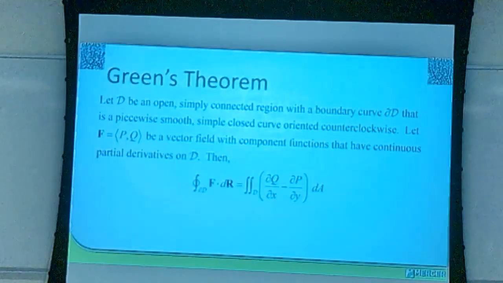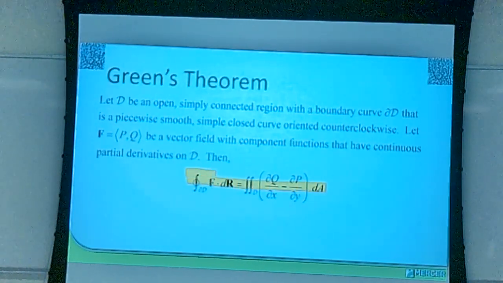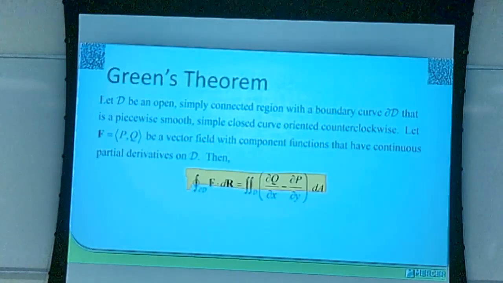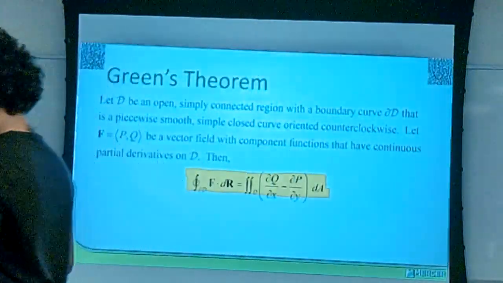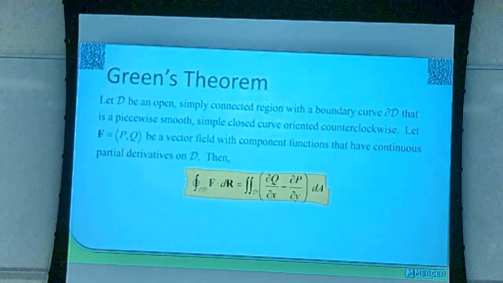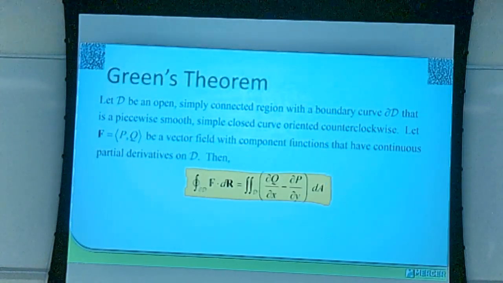Okay, let's just highlight that. That is Green's theorem. It's just so nice.